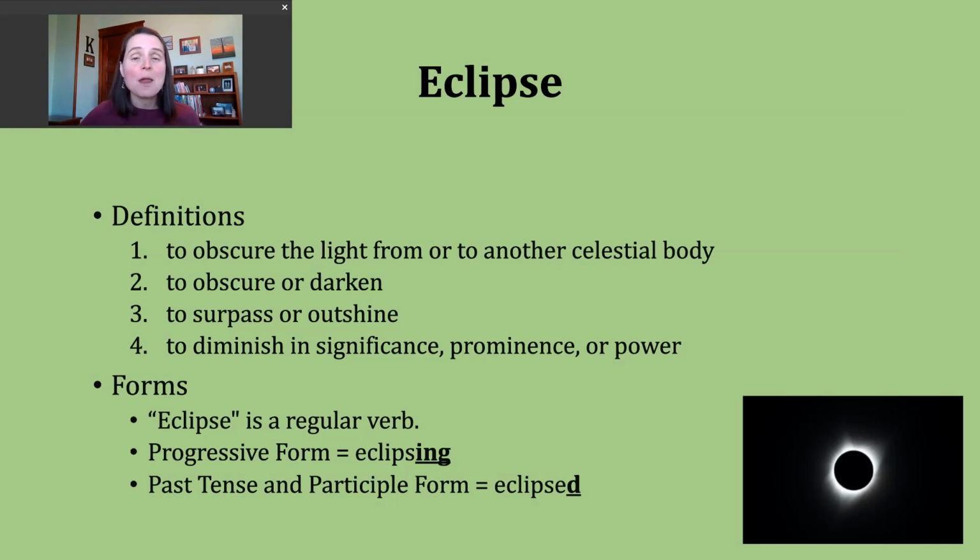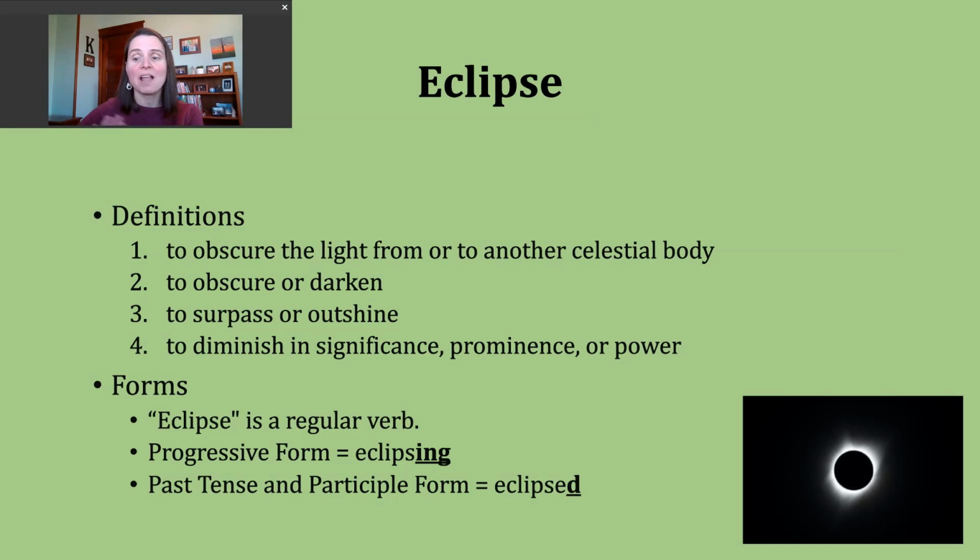The past tense and participle forms of this verb can be made by just adding the letter D, since this verb already ends in an E. Now, our base verb, when we say it, eclipse, ends with this unvoiced S sound. This means the ed ending is going to make a T sound. So it should sound like this. Eclipsed, eclipsed. Okay?